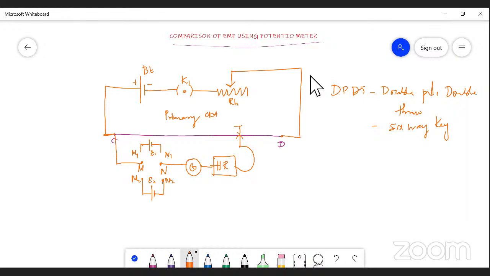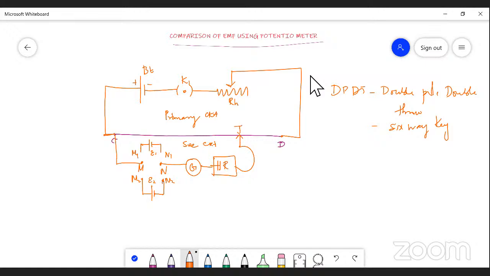And then the cells of EMF E1 and E2, whose magnitude has to be determined, are connected across the terminals M1, N1, and M2, N2. Cell of EMF E1 is across M1, N1, and the cell of EMF E2 is connected across the terminals M2, N2. This arrangement forms the secondary circuit.